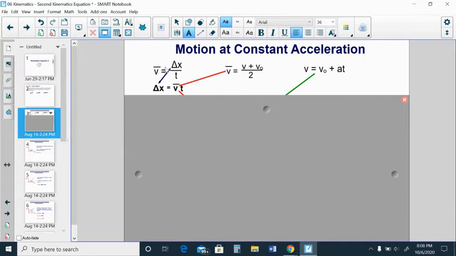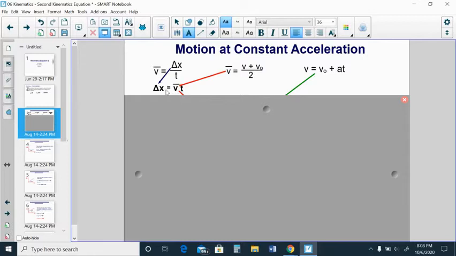So the first step is to rearrange the first velocity equation here and solve for displacement instead of velocity. So by rearranging that equation, we now have change in displacement equals velocity times time.